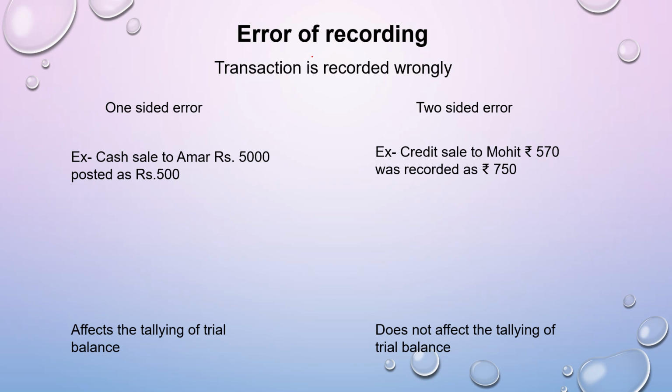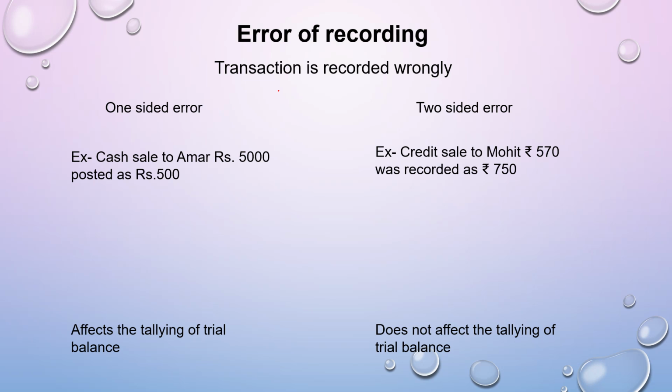First, we will take up error of recording. Now here what is happening is while recording, the transaction has been recorded wrongly. So here you can encounter two types of errors within the error of recording.